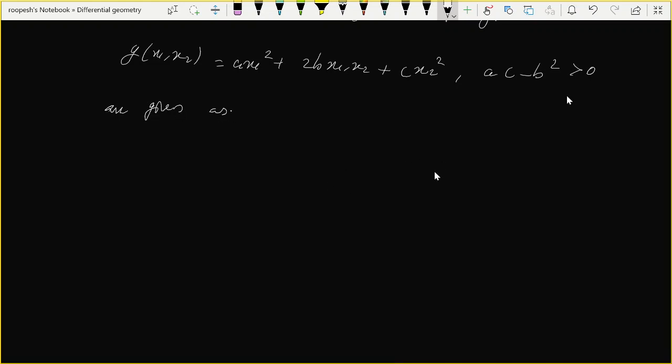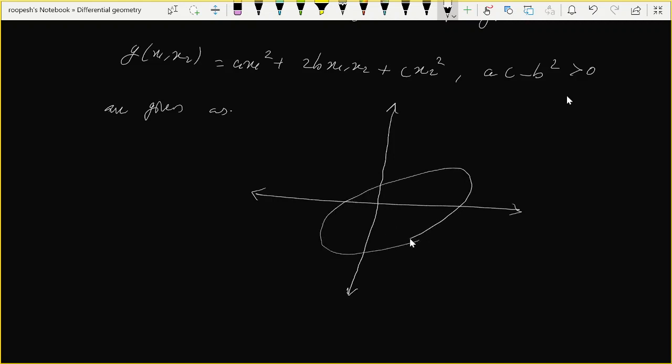as, we can say that this is going to be, I'm drawing my axis like this. So exactly this will represent an ellipse, right? So it will come something like this. So many ellipses like this.